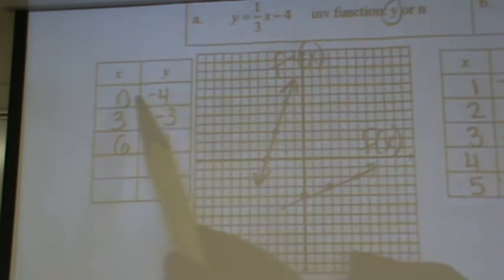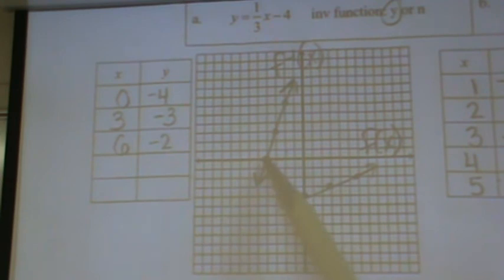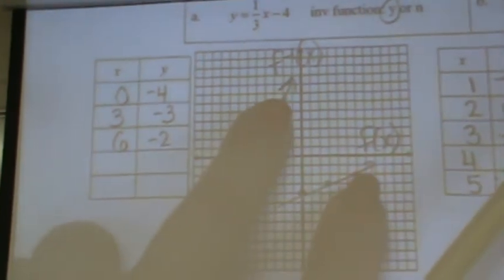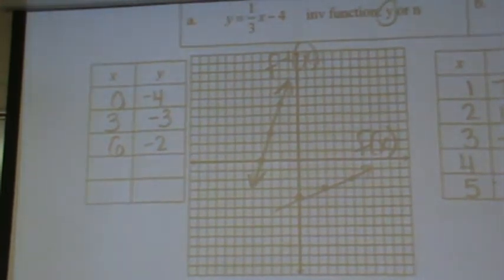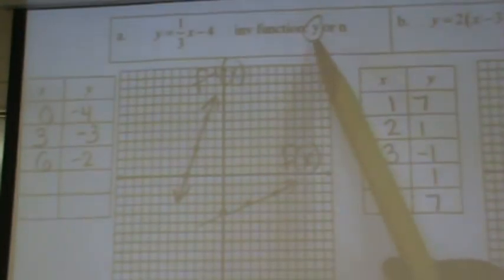So this point is 0, -4, so I graphed -4, 0. So these two are inverses, these two are inverses, and these two are inverses. Easy? And by the way, the inverse will be a function.